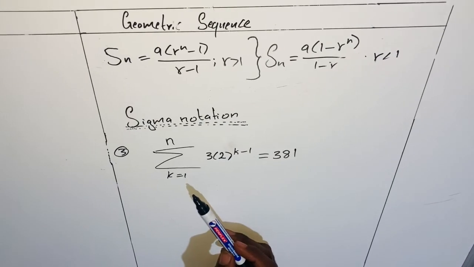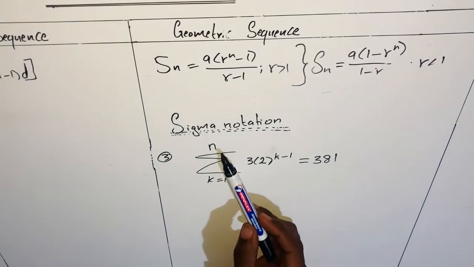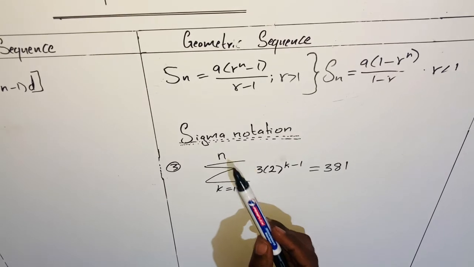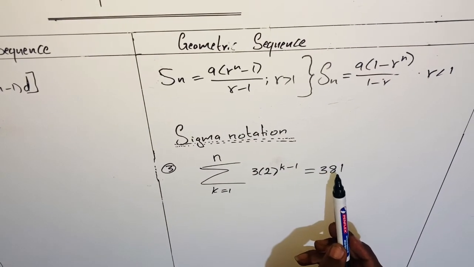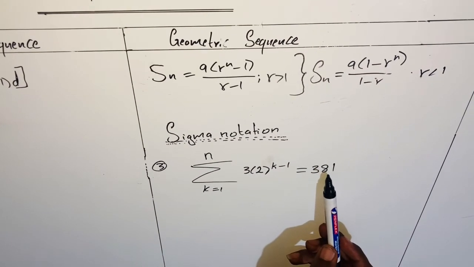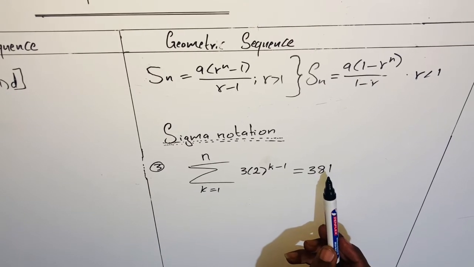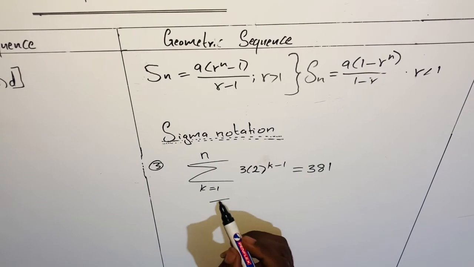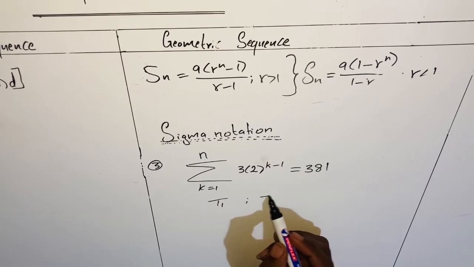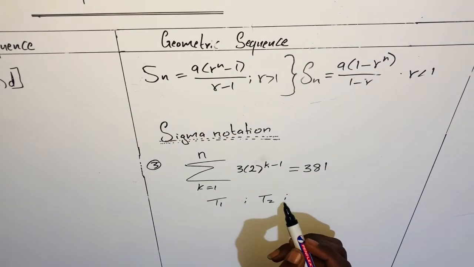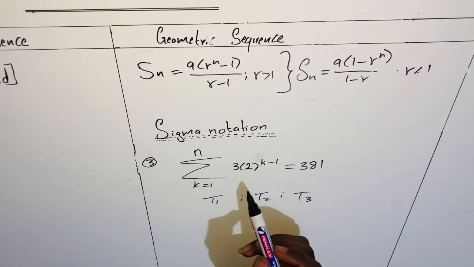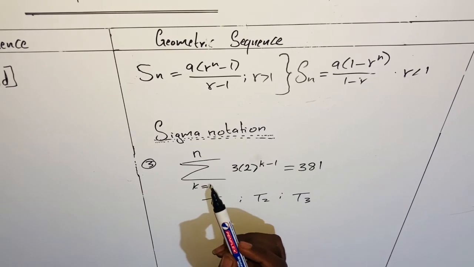Now we have to find what was n on our sum formula that will give us 381. It was the sum of what that gave us 381. So we still have to go on to find the first three terms. This is our first term, second term, and third term. It says you must start to put k.